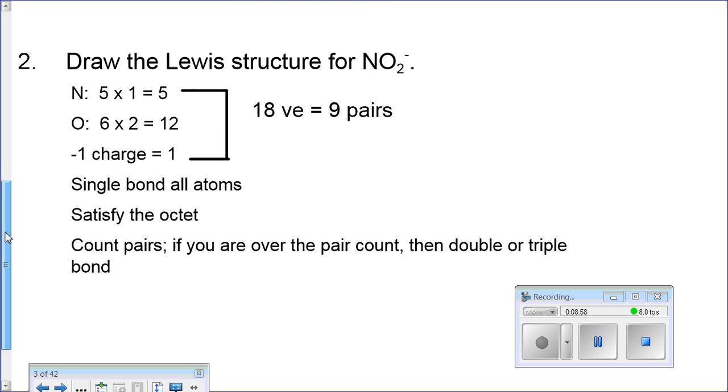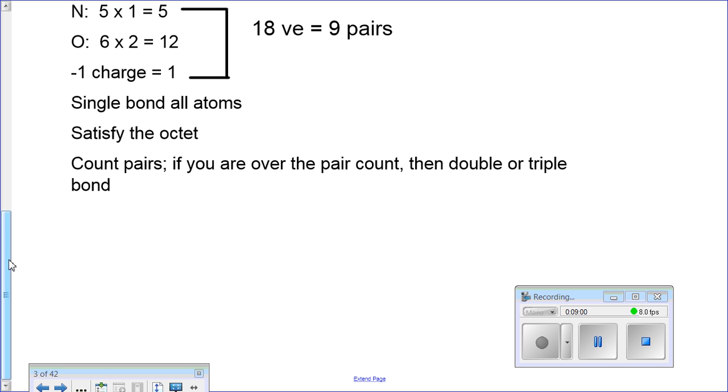Okay, so same procedure as the one before. Single bond all your atoms, satisfy the octet rule, count your pairs. If you're over the pair count, then a double or triple bond is needed. So by the HONC rule, the H-O-N-C, our nitrogen is going to go in the middle.